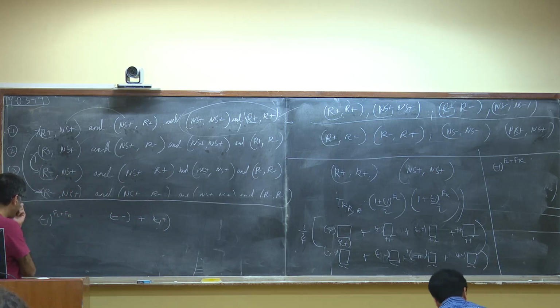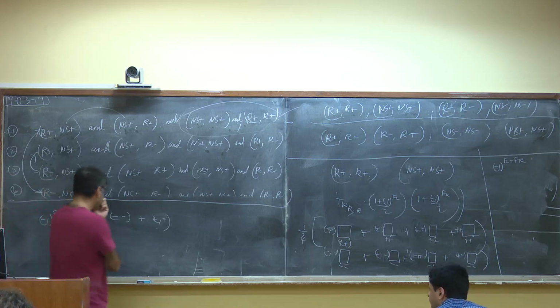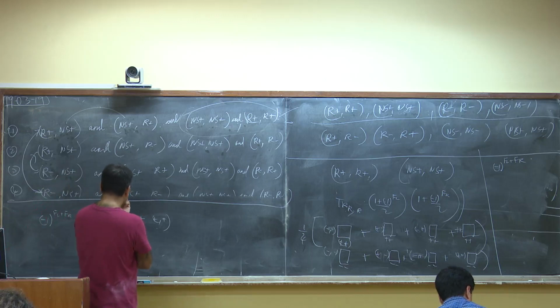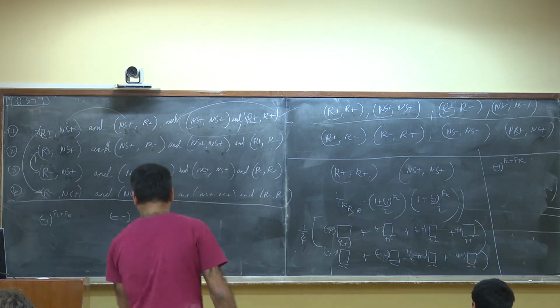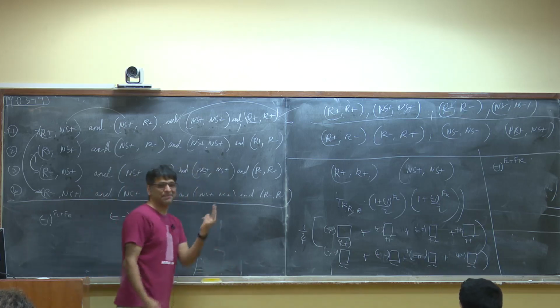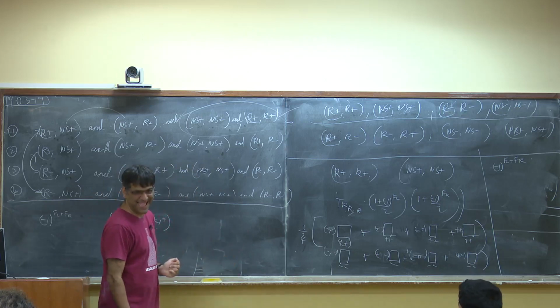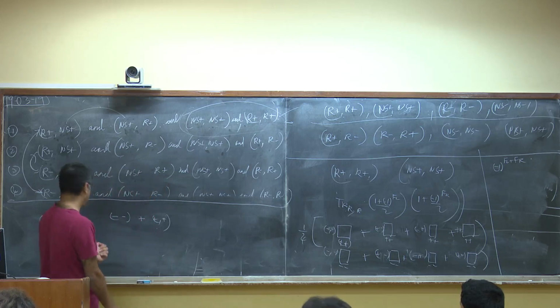Okay, and I want to do that separately in the RR sector and the NSNS sector. But RR was plus plus. What are you doing? 1 plus this operator and then trace?